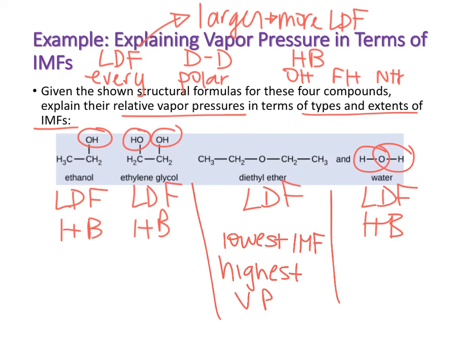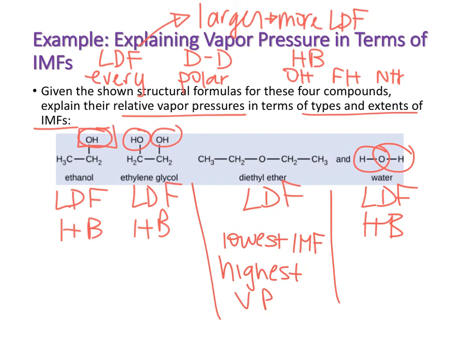Now, between all of these, which one would have the highest and which one would be in between? Another thing that you can use to rank is how many points of contact you have for hydrogen bonding. Ethanol only has 1 point of contact right here, versus ethylene glycol and water have 2.